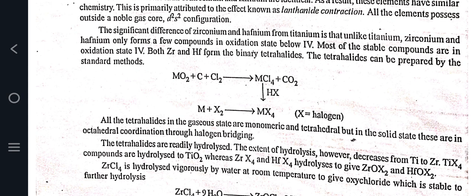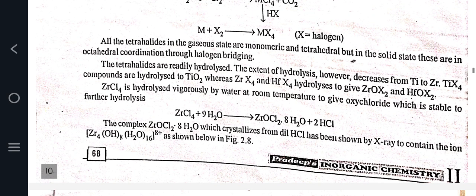TiX4 compounds are hydrolyzed to TiO2, whereas ZrX4 and HfX4 hydrolyze to give ZrOX2 and HfOX2. Zirconium chloride is hydrolyzed vigorously by water at room temperature to give the oxychloride, which is stable to further hydrolysis.